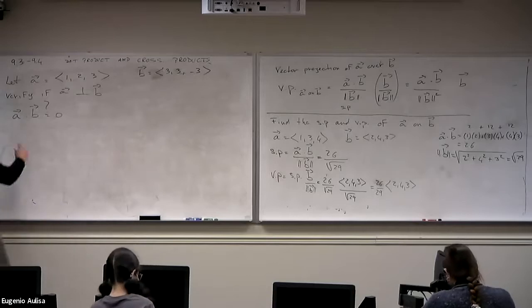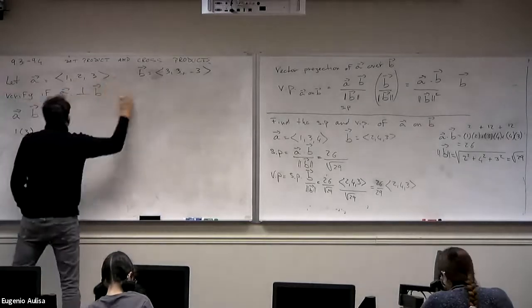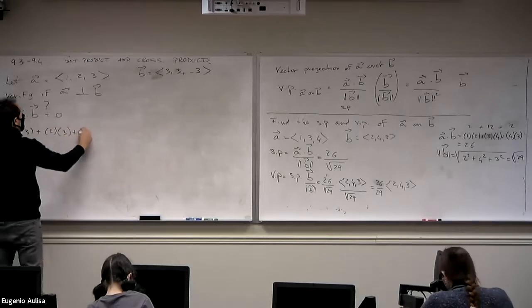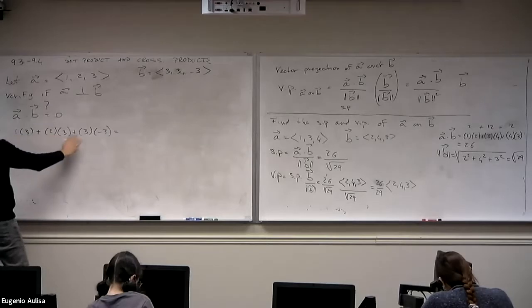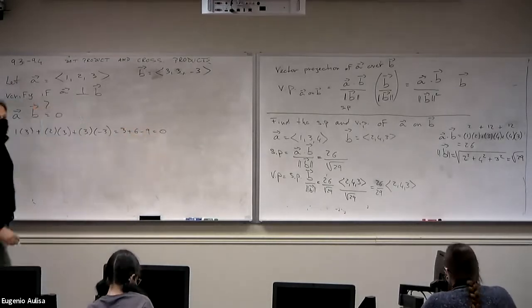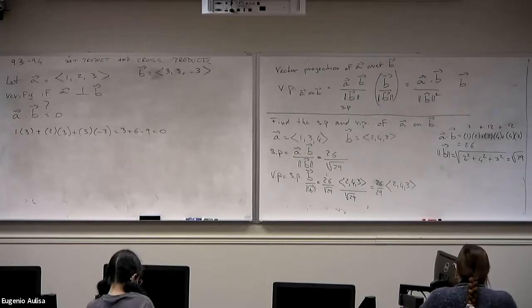So let's try. If I did it correctly, we should get a 0. So it's going to be 1 times 3 plus 2 times 3 plus 3 times -3. So we have 3 plus 6 minus 9 is 0. So the two vectors are orthogonal to each other.